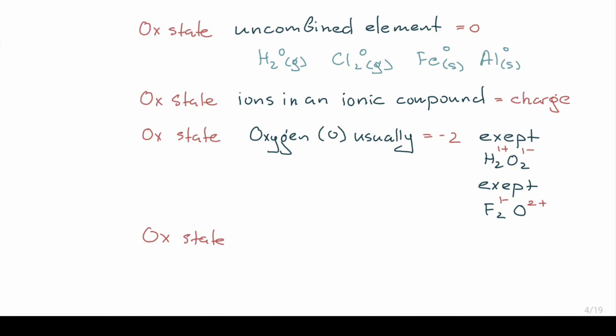The oxidation state of hydrogen is usually +1. The exception is metal hydrides. Metals are always positive, that's why they force hydrogen to become negative. So here we expect oxidation state -1.